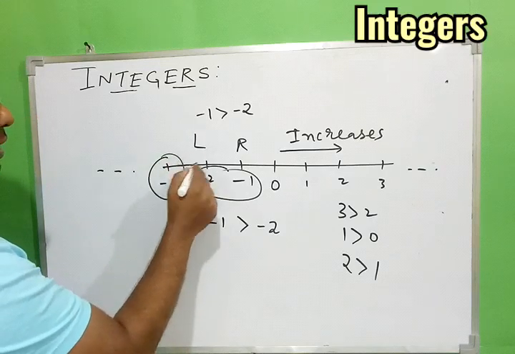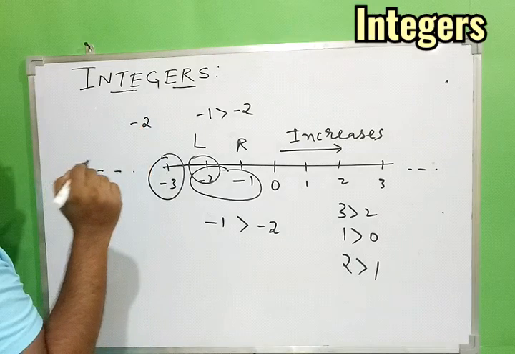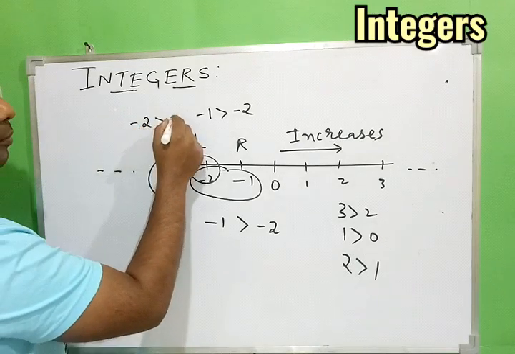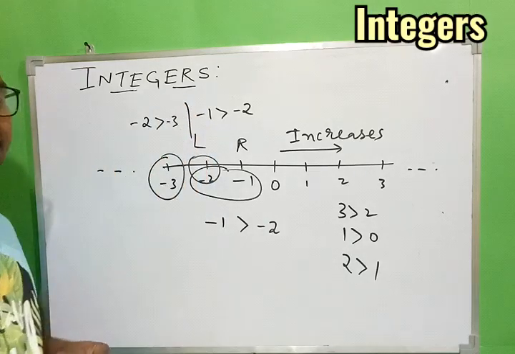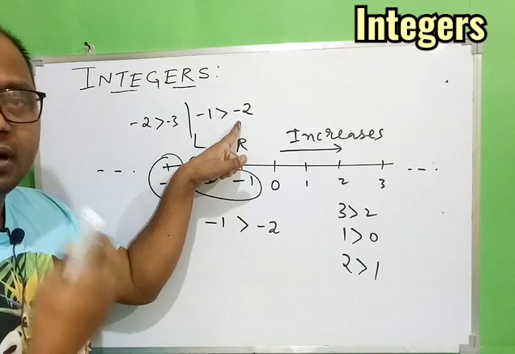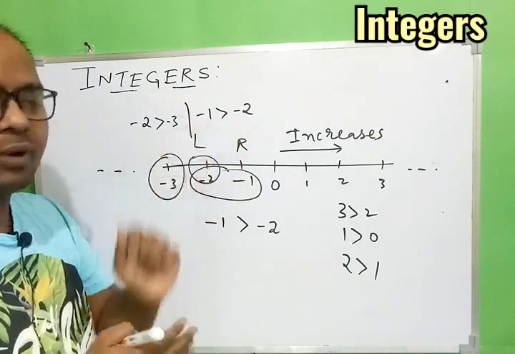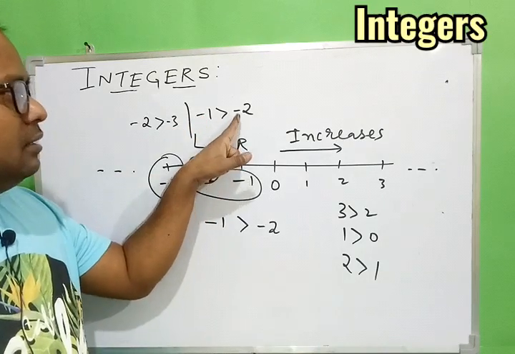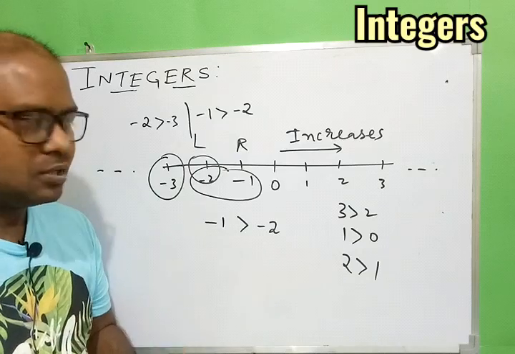If I compare -3 and -2, -2 is on the right and -3 is on the left, so -2 will be greater. So here we need to understand that with negative integers, 2 is greater than 1, but once you put the minus sign, then -2 becomes less than -1. So in negative it is just opposite.